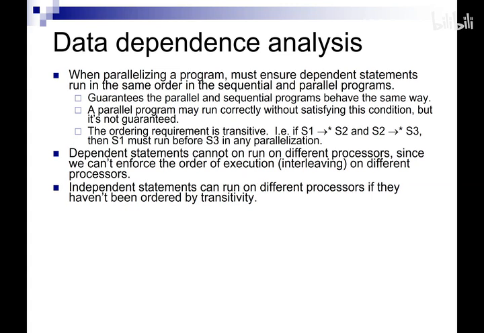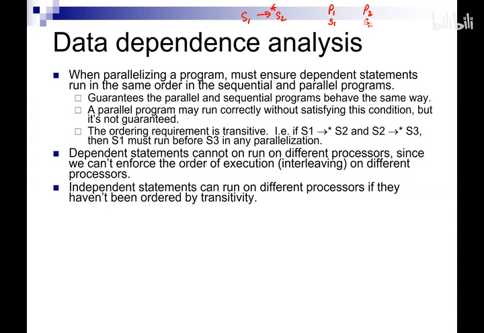So for example, let's say you have a statement S1, and there's some sort of dependency to S2. Now if you have two processors, P1 and P2, and you give one statement to one of the processors and the other one to the other one, then because these processors can run at different speeds, when you execute this in parallel, sometimes you might get that S1 runs before S2.